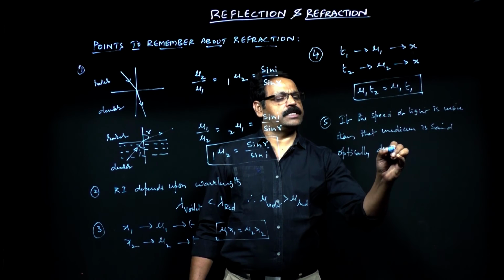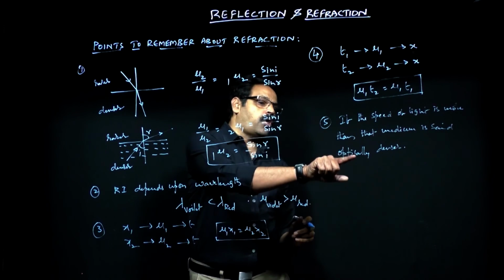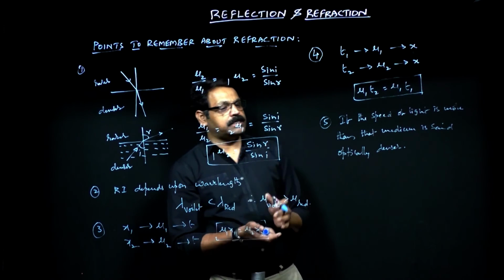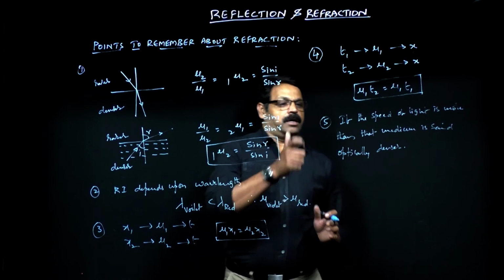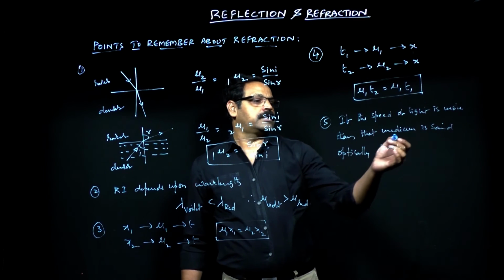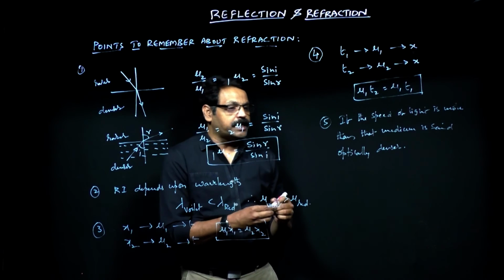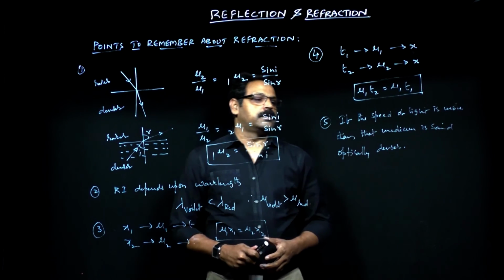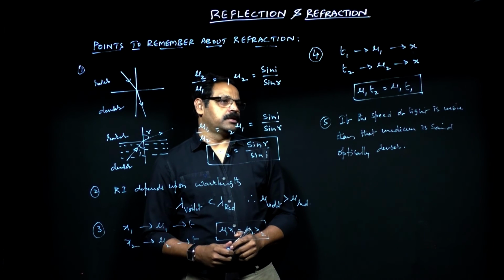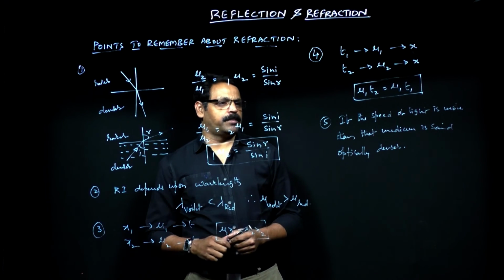The medium is going to be optically denser, but material wise it is less dense. But here, with reference to the speed of light, with reference to the optical phenomena, it is treated as the denser one. So this is one more point you need to remember.